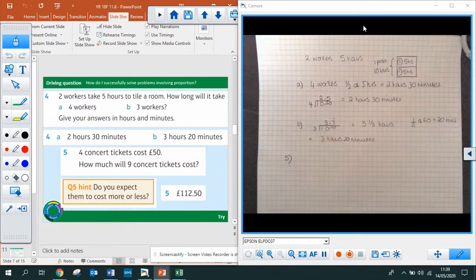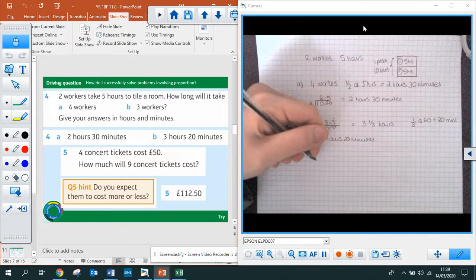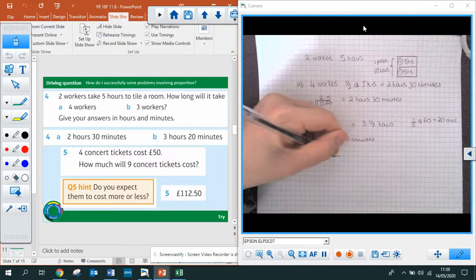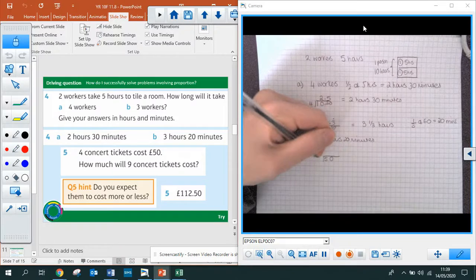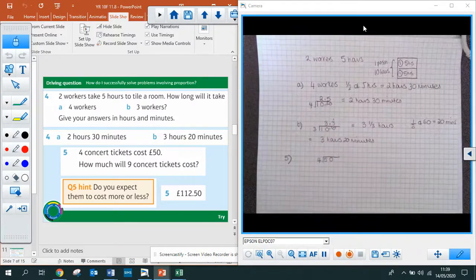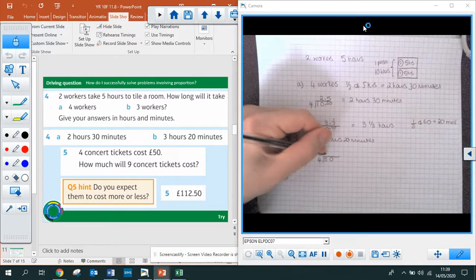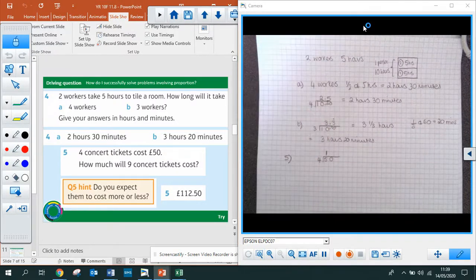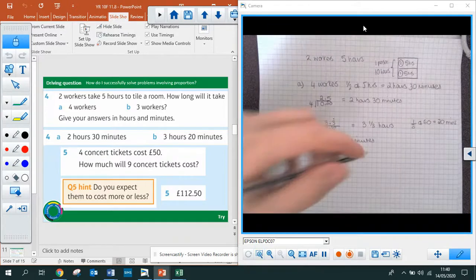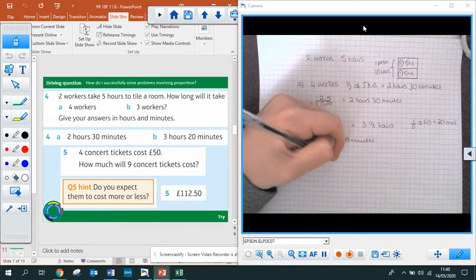So 4 costs £50, so I need to do 50 divided by 4 to find out the cost of 1 ticket. 4 goes into 5 once, with 1 remaining. 4 goes into 10 twice, with 2 remaining.